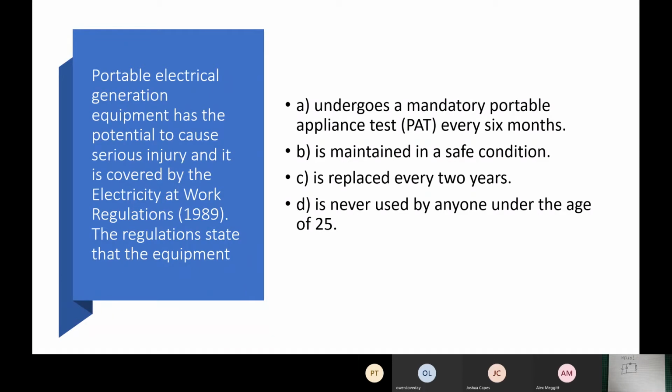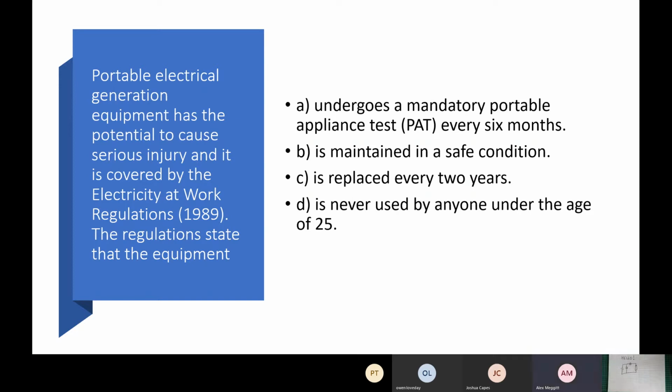Now, some of these questions, the way they're written, if you look at those 4 answers, you could completely dismiss C and D straight away. Replaced every 2 years: how do you know it's going to wear out in 2 years? How do you know it's not going to wear out in a year? It might last 10 years. And never used by anybody under the age of 25.